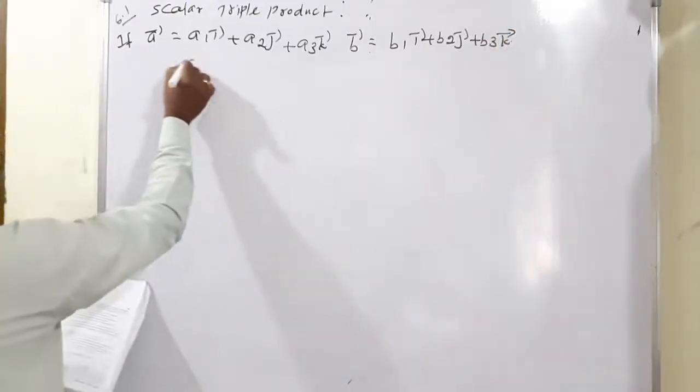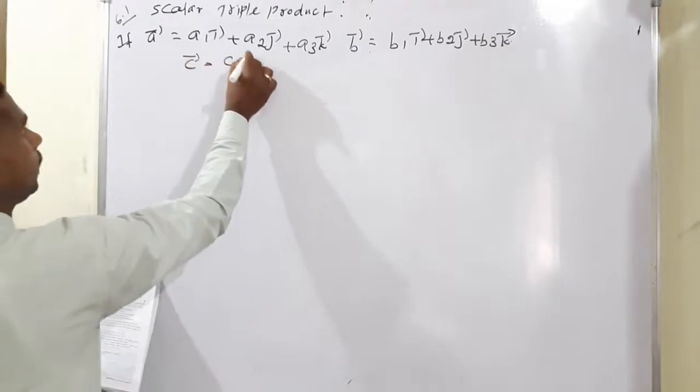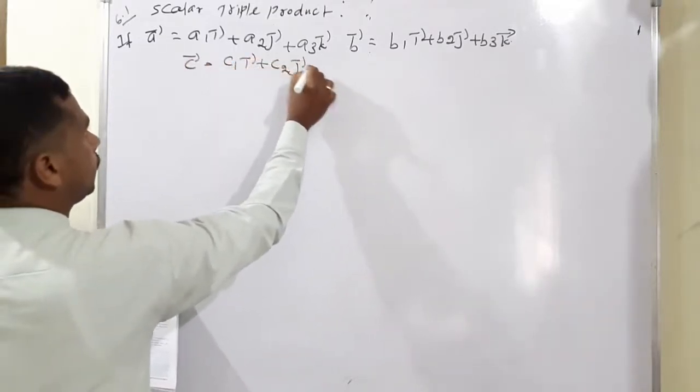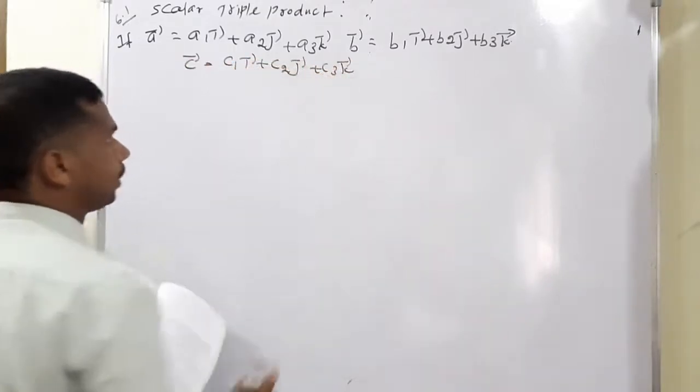Then c vector is equal to c1 i vector plus c2 j vector plus c3 k vector.